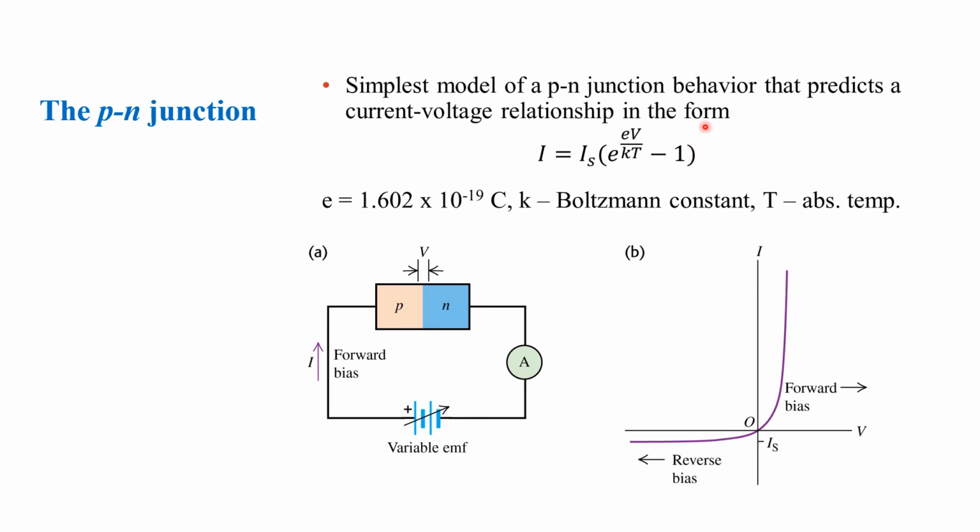So this equation can predict this graph for the current-voltage relationship in your p-n junctions.